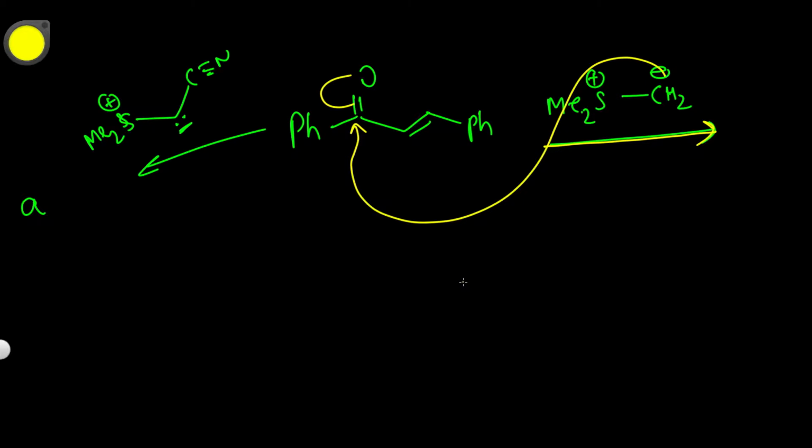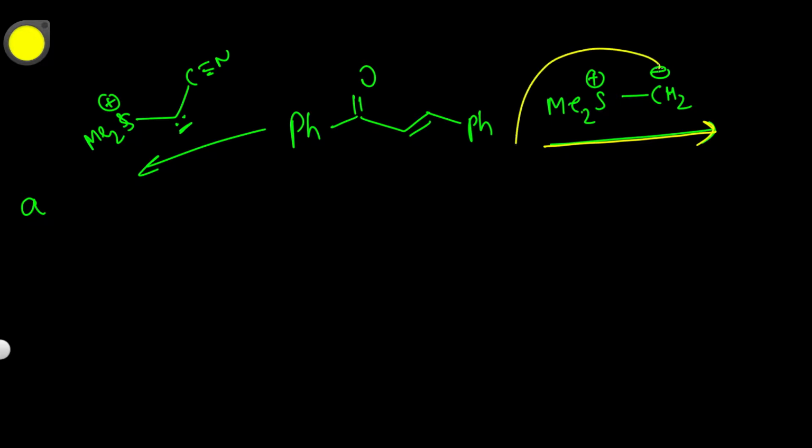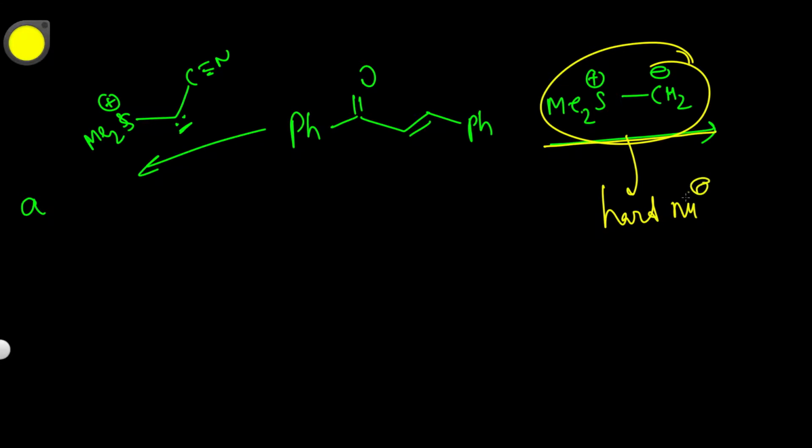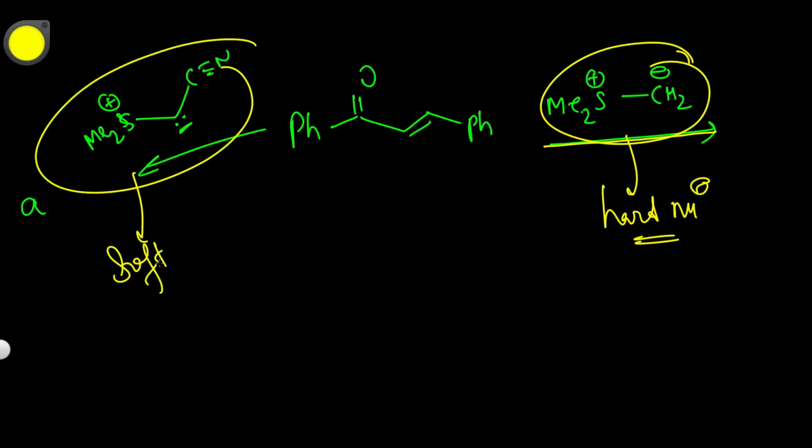So till now, just think: why is this CH2 minus attacking on this carbonyl? Because this region is acting as a hard nucleophile, and this region is a soft nucleophile, right? Why is it soft? Because this negative charge is more delocalized with the cyanide group, an electron withdrawing group, and with the sulfur vacant d orbital conjugation.